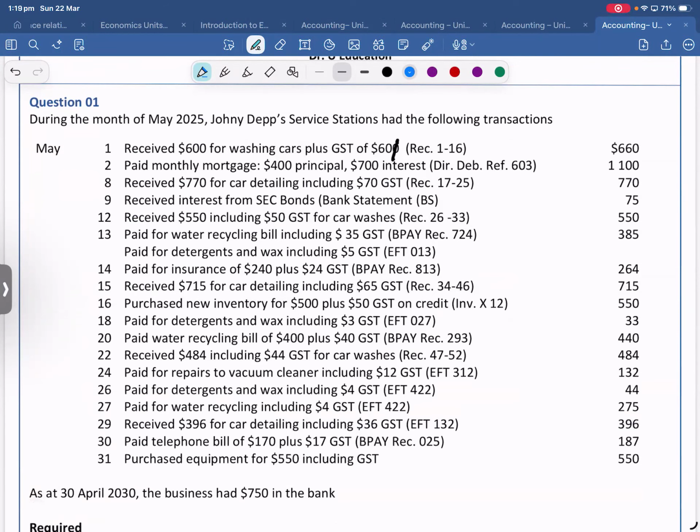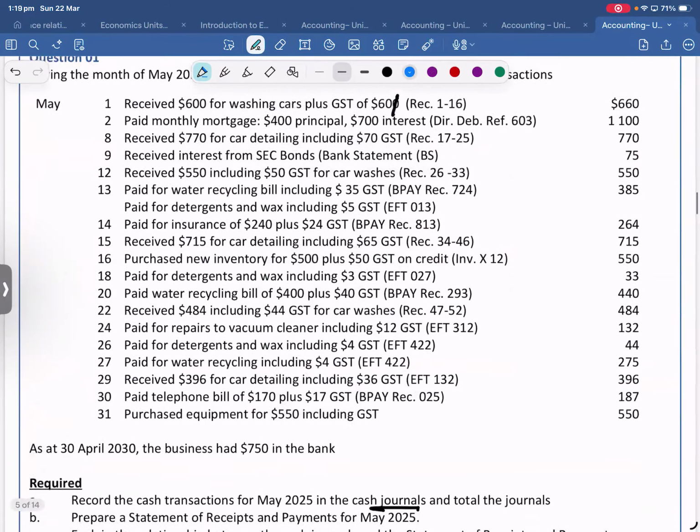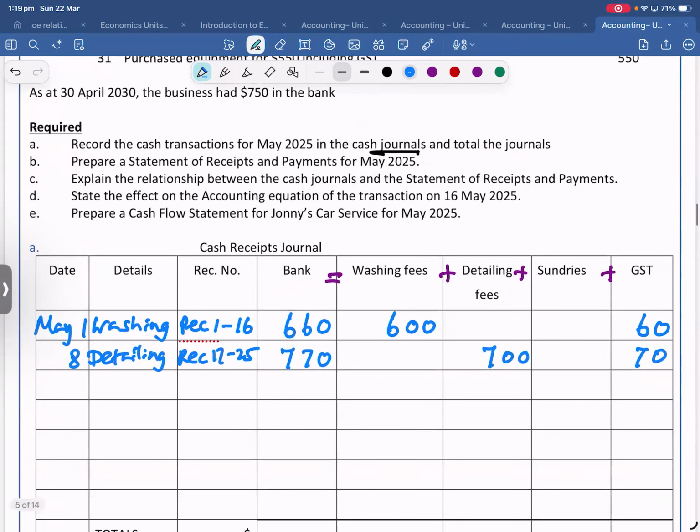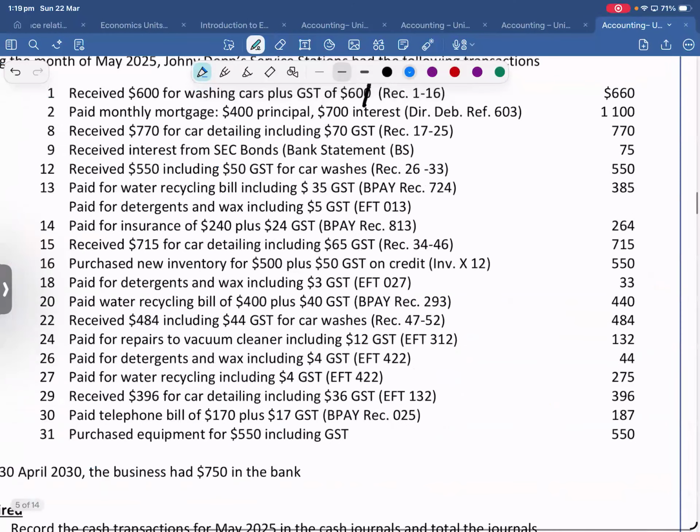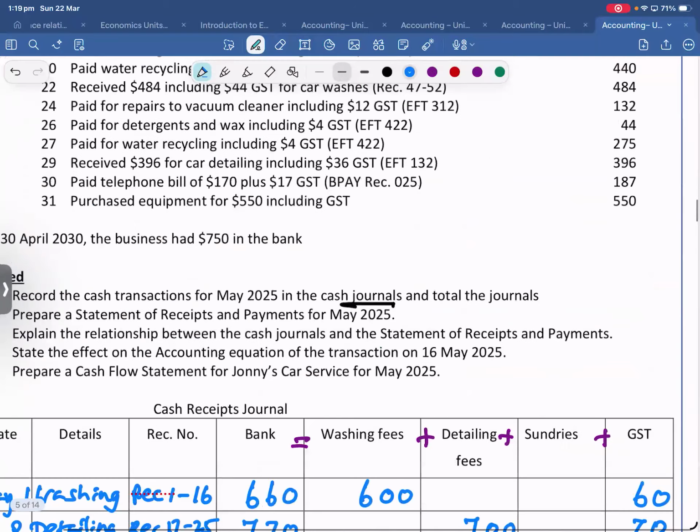Received interest from SEC bonds, right? SEC bonds bank statement BS 75. So that is on the 9th. Which one do you think, receipts or payments? Receipts, good. It's the interest.